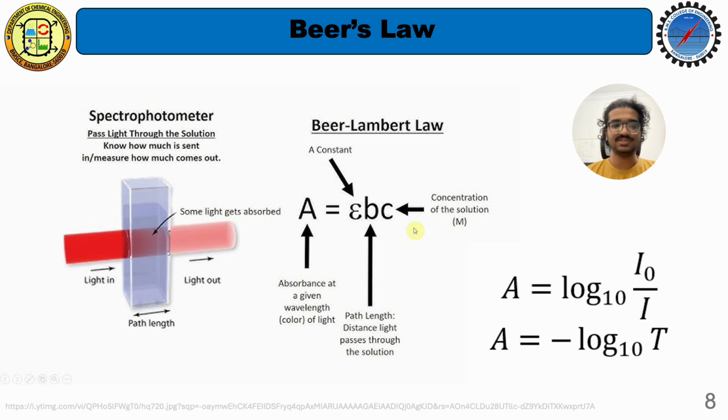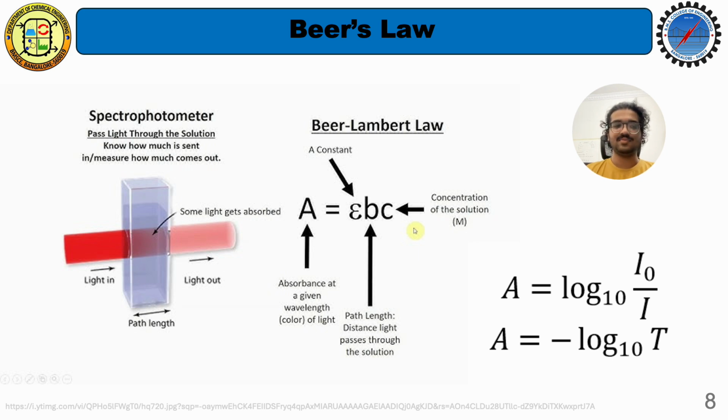The second assumption is that it is applicable only for dilute solutions, and the third is that only a monochromatic wavelength must be used. That is, only a single wavelength of the UV spectrum must be used. This can be achieved by using a monochromator in the instrumentation.